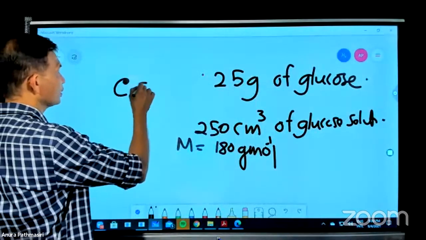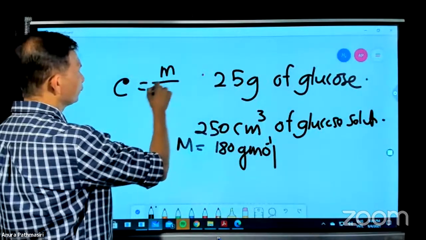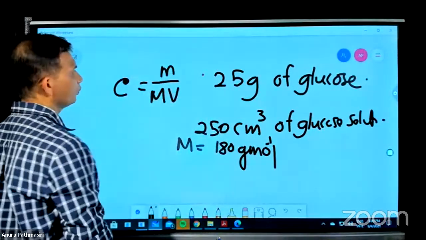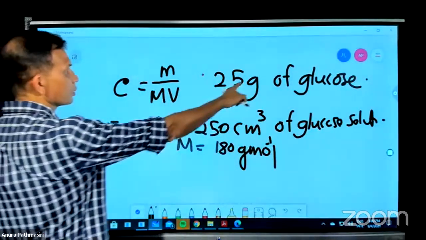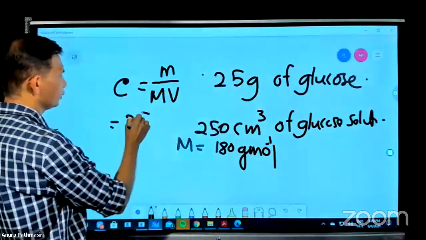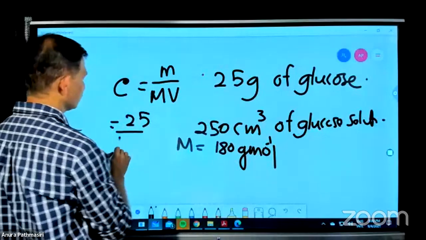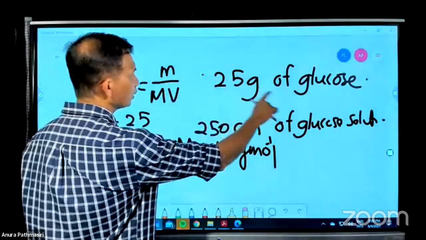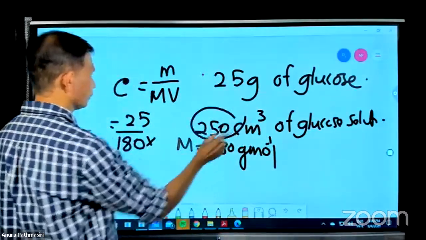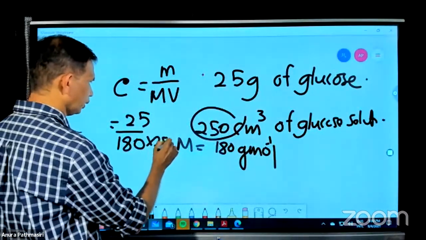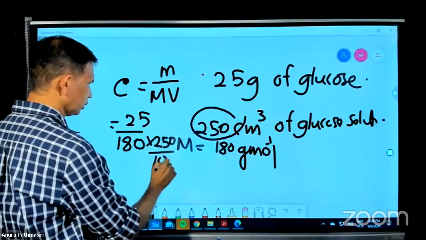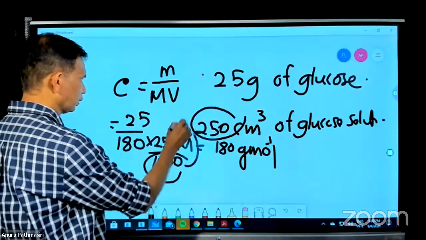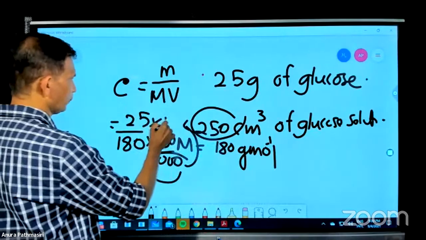There you can see C equals simple m over capital M V. Now you know m is 25, capital M is 180 multiplied by V, here it is 250 cubic centimeter. So you have to divide by 1000. That means you take this up and multiply it by 1000.